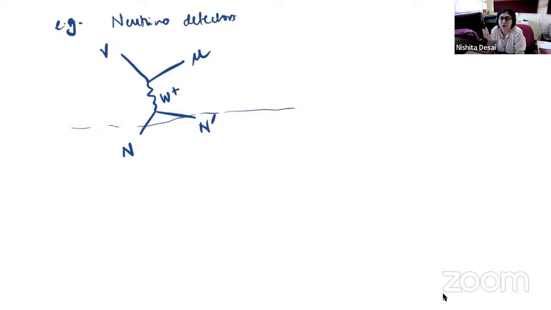If you have neutrinos coming from the sun, they would undergo this reaction and emit an electron or a muon, which you could detect in the detectors that line your reservoir and tell you that there was a neutrino here. So that's another example. Okay, so the final distinction that we need to make is between fixed target and collider.